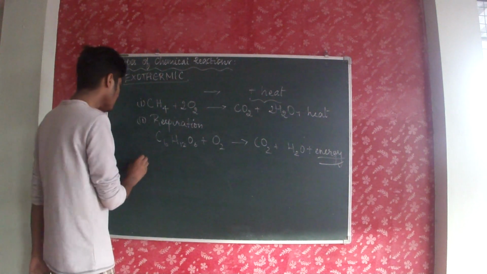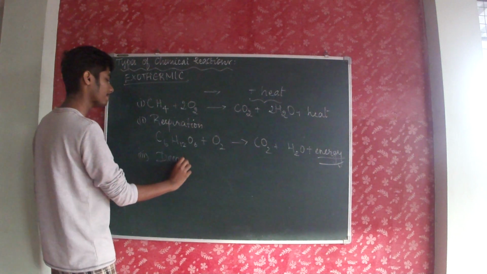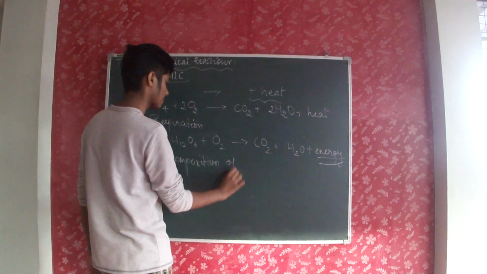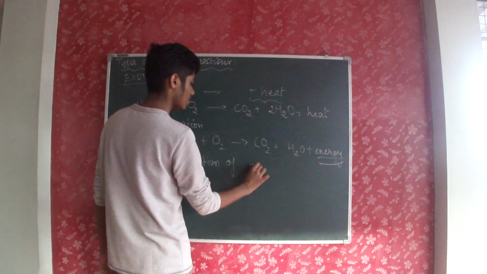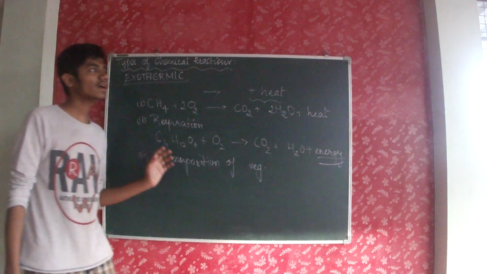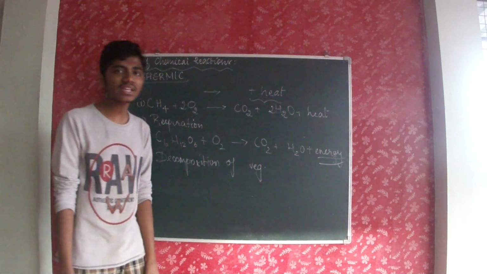Now the third one, decomposition of vegetable matter. Decomposition of vegetable matter also releases heat, so that is also an example of an exothermic reaction.